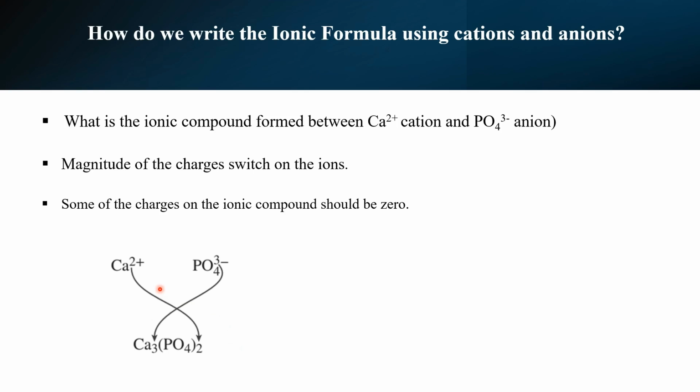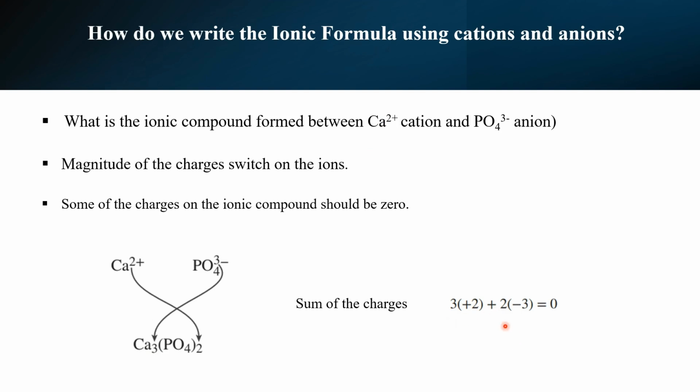Why do we need to switch the magnitude of the charges? To get a zero charge ionic compound, we need to combine the proper number of cations and anions. Now let's check the compound we formed. Sum of the charges. Calcium charge is +2. So we combine 3 calcium ions.